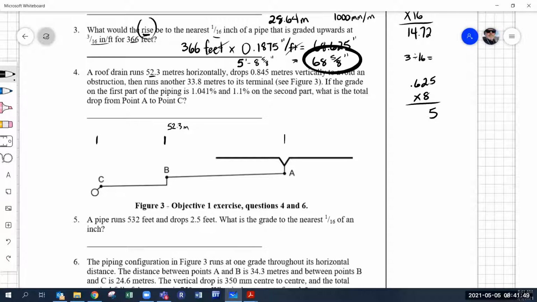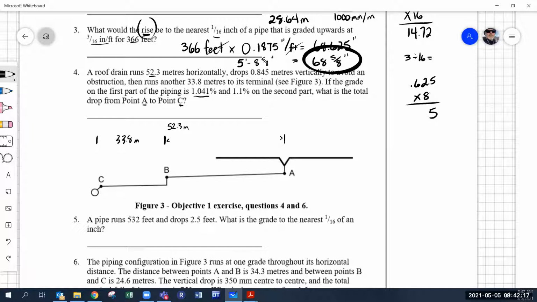There's my 52.3 meters from here to here, and then it runs another 33.8 meters from there to there. Now, if the grade on the first part of the piping is 1.041% and 1.1% on the second part, what is the total drop from point A to point C?